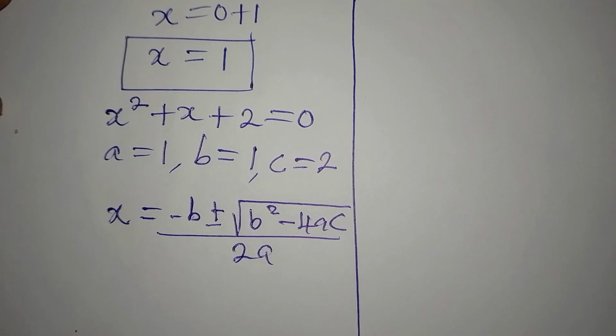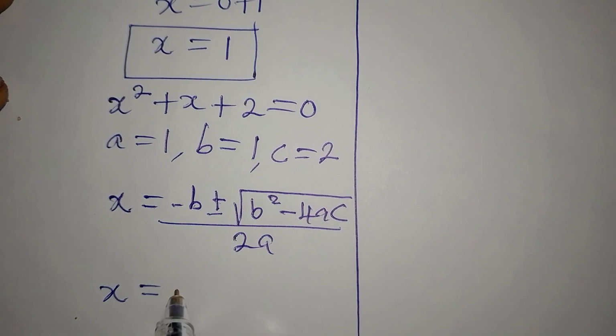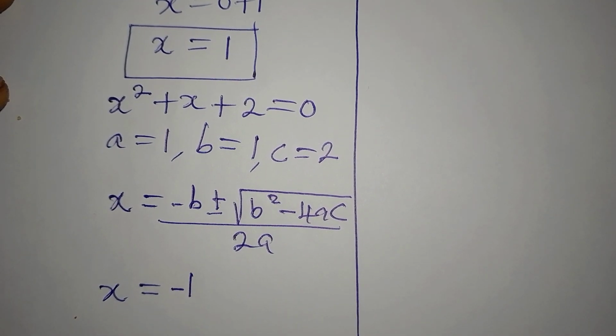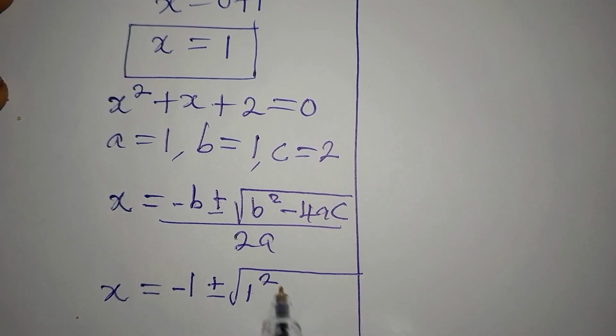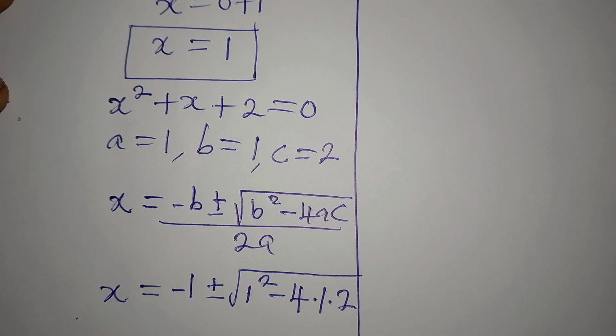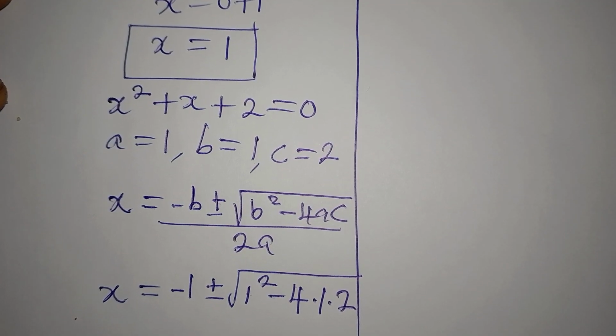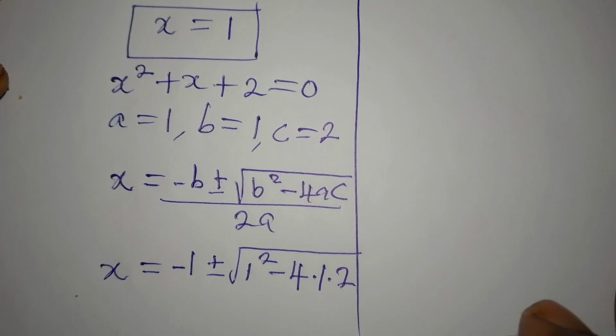Okay, so the next thing is to substitute into this formula so that x becomes minus b plus or minus the square root of b squared, which will be 1 squared, minus 4 times 1 times 2. This is because a is 1 and c is 2.